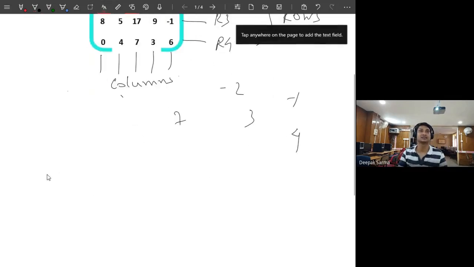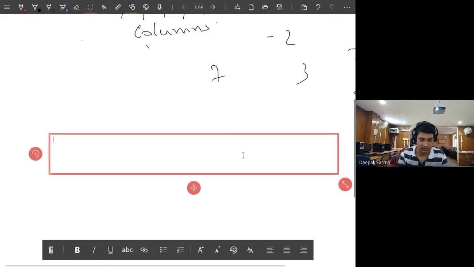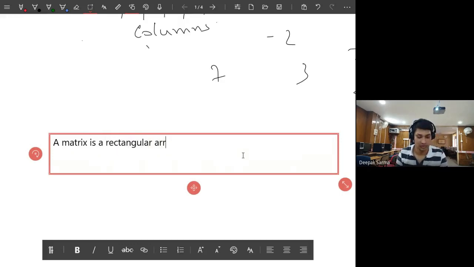We can write here: the matrix is, as I said, it should be rectangular. So I have written array, not arrangement. What do you mean by array? Any of you?